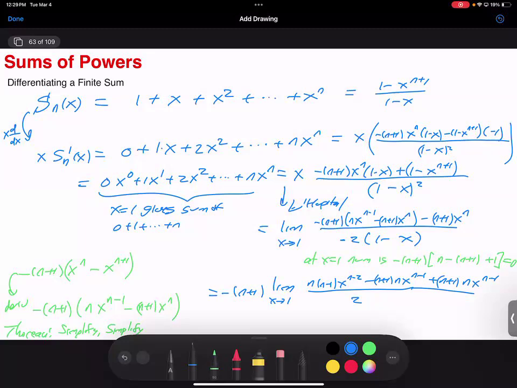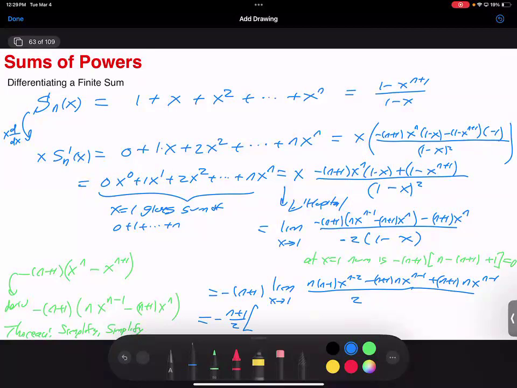Is this okay now as x goes to 1? Denominator is now fine. So now we get -(n+1) over 2.